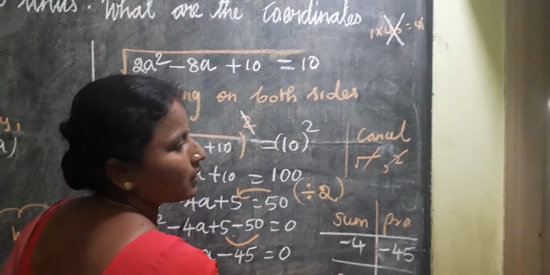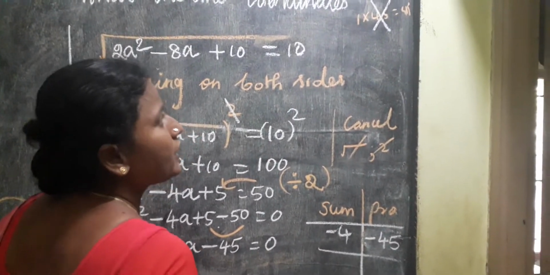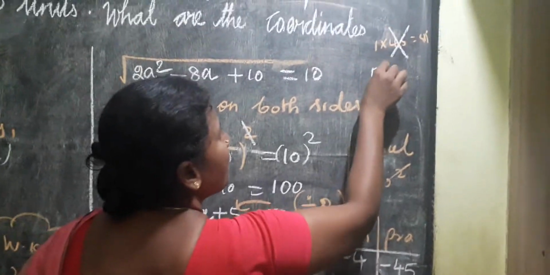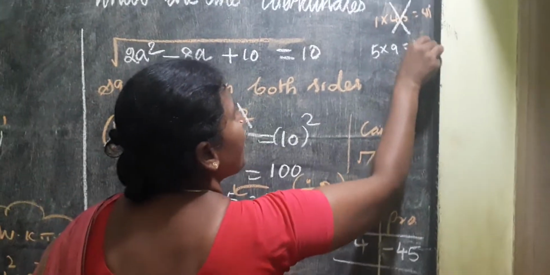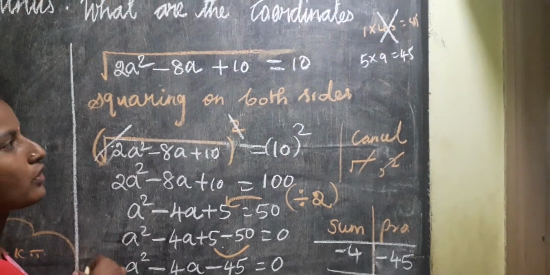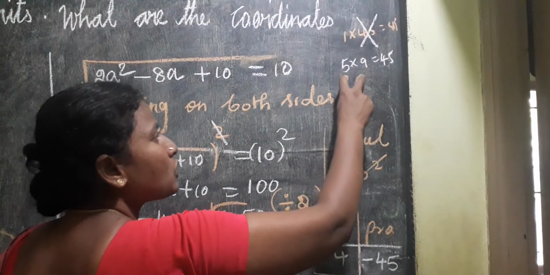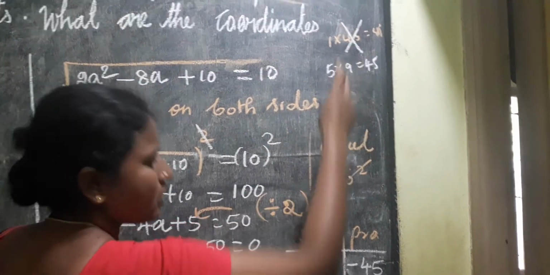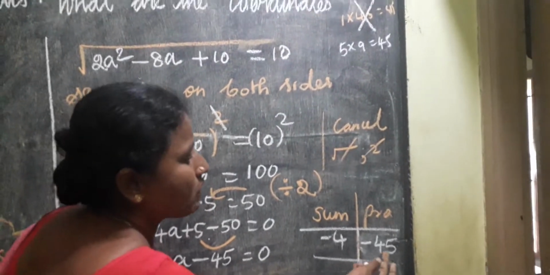Then the 2 table is not possible. Next, the 5 table: 5 nines are 45. If you multiply the two numbers, you get 45, so you have to select that.